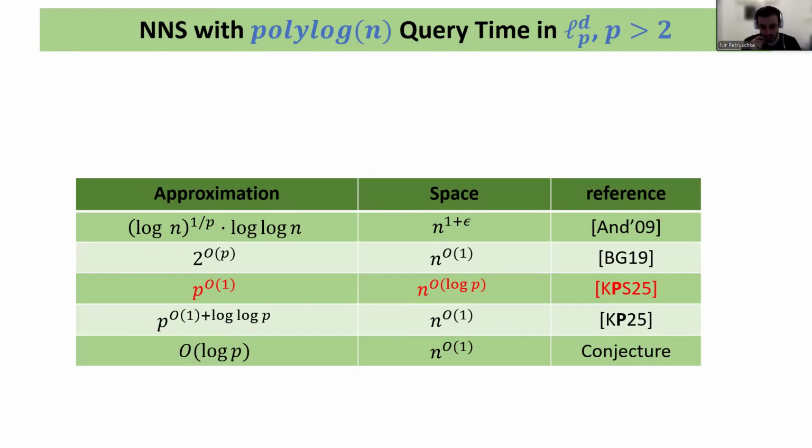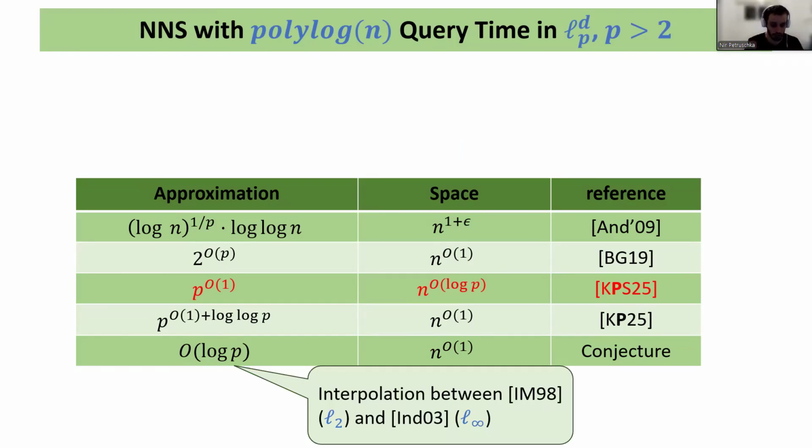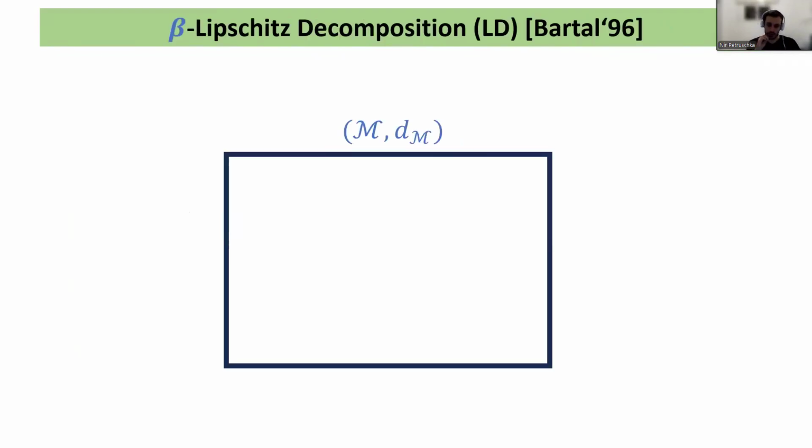We actually think that you can improve the approximation factor further, as usually things in LP behave as some sort of an interpolation between L2 and L infinity, and this is what we get from interpolating the best data structures in these spaces.